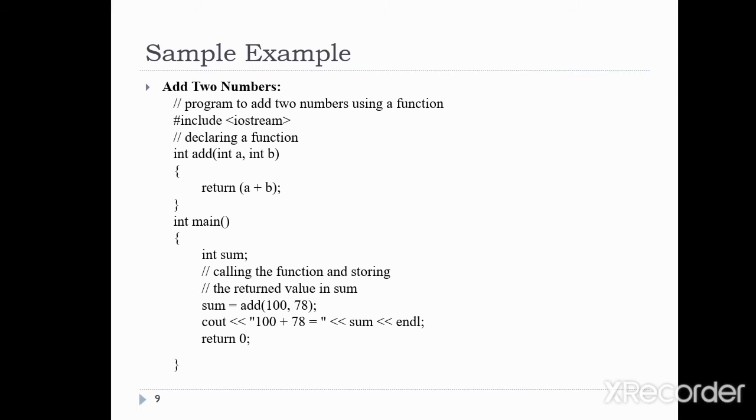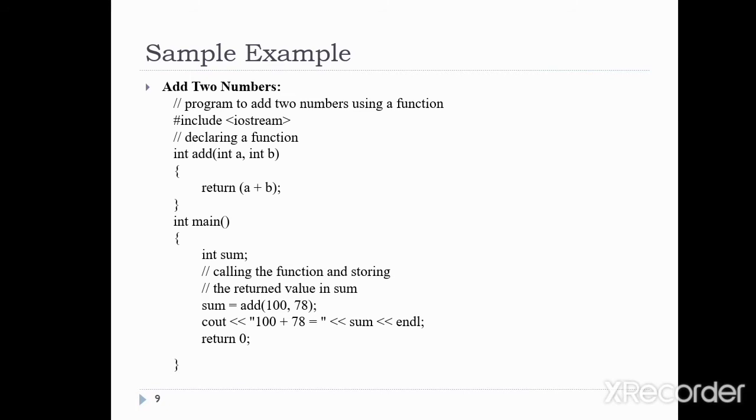So int add: int is the return type, add is the function name, and in brackets int a, int b is the parameter list or arguments. So return a plus b, that is the addition of two numbers. Now next, int main. In the main function, int sum is the variable, calling the function and storing the return value in sum.